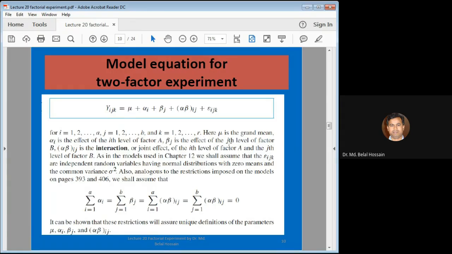And this mu is the general mean, that is grand mean. Alpha i is the effect of the ith level of factor A, as we had in our ANOVA model.